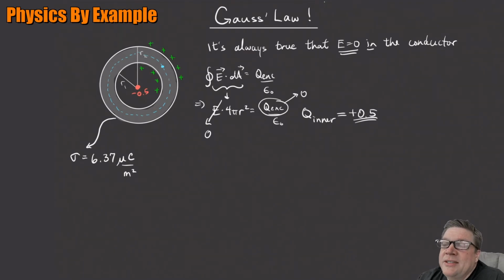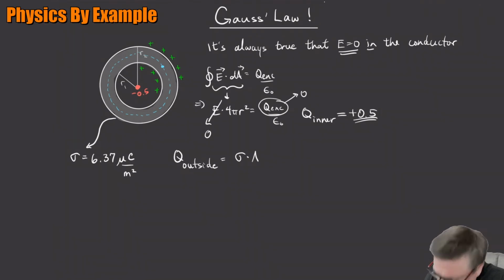So what that means is that the total amount of charge on the outside of the sphere has now gone down a little bit. In fact, let's figure out what it is. What is the total amount of charge? The Q on the outside is just going to be the sigma on the outside times the area, because sigma is just charge divided by area.